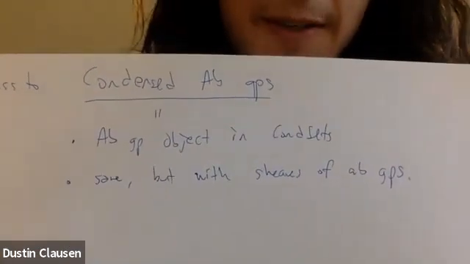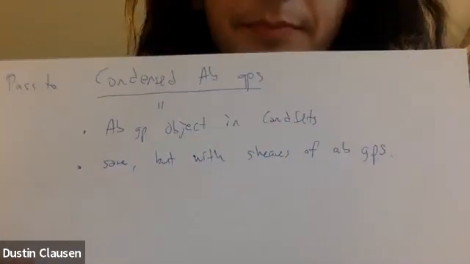And it's pretty clear that you get the same thing in both cases. So then this is an abelian category. It is a Grothendieck abelian category.